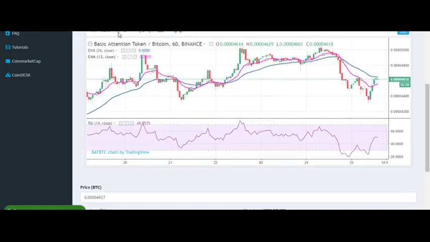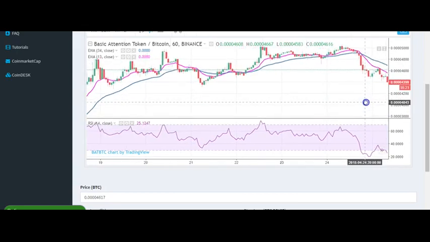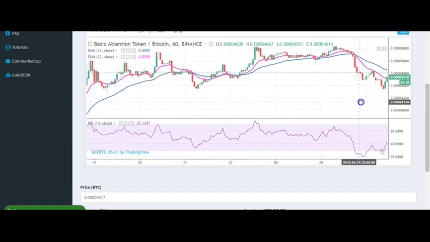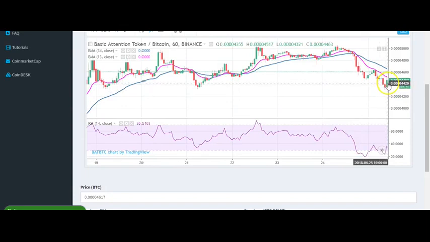But if we go to the 1 hour, it's time to buy right here. The pink is below blue. The RSI is below the dashed line, so this would have been a good buy.